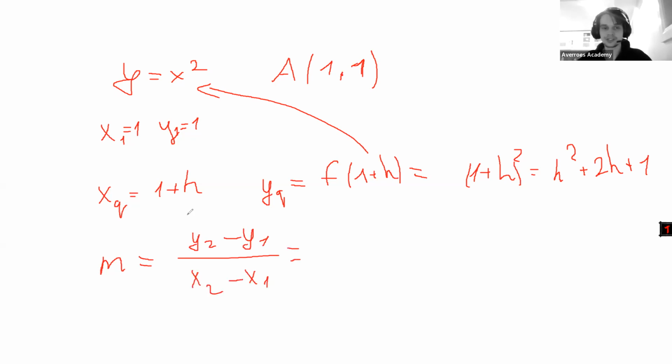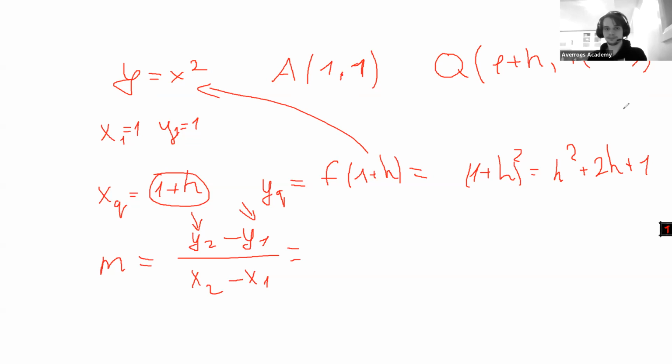And we just simply substitute these values into what we know. We know that our x1 is 1 and our y1 is 1. But we know that our second point has these coordinates: 1 plus h, and the function with the value of x equal to 1 plus h.